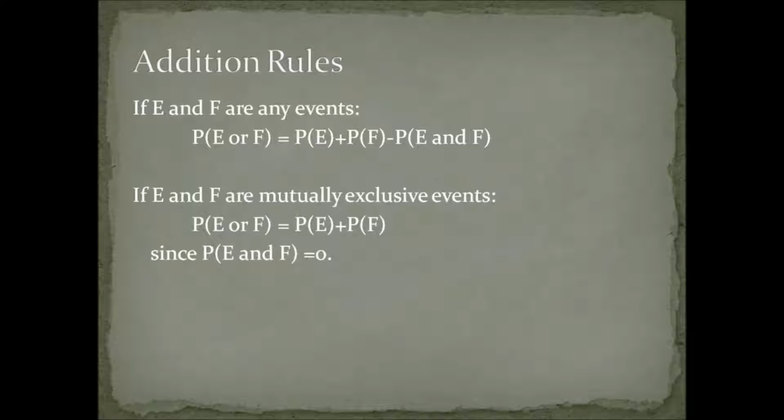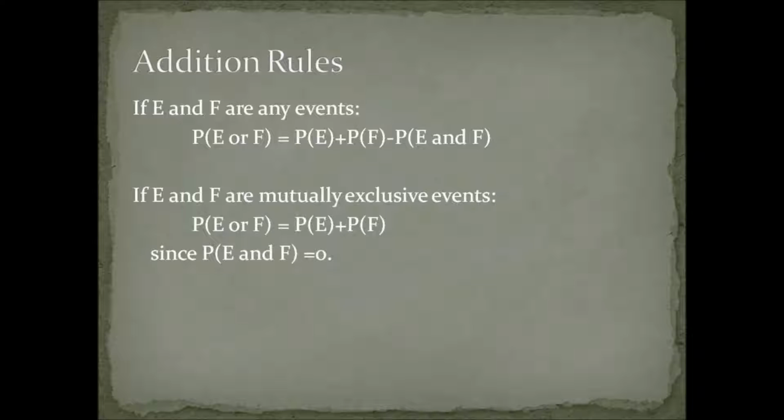The addition rules are the following. First of all, if E and F are any events, then the probability of E or F equals the probability of E plus the probability of F minus the probability of E and F. That was just the equation we had in the last slide.